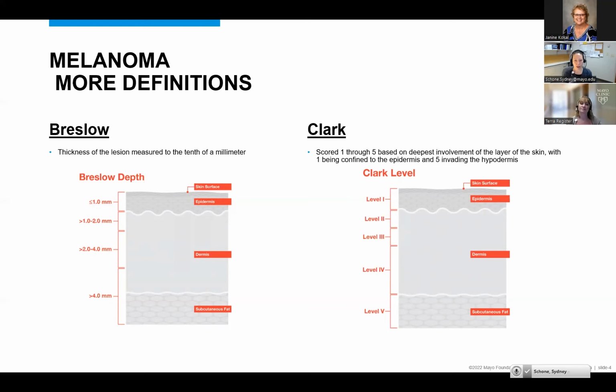When you're moving on to level 2, the melanoma has invaded the papillary dermis, which is the outermost layer of the dermis. Level 3 is where the melanoma has invaded throughout the papillary dermis and is touching the next deeper level of the dermis.